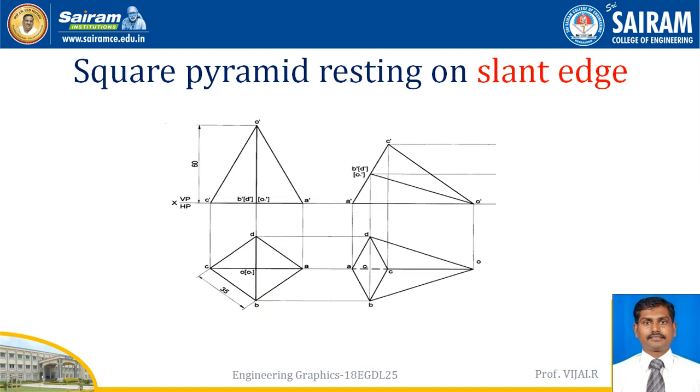Keep it like a corner, then you tilt it totally so that this slant edge lies down. That is what we are going to do. Normally, first we draw the top view with the corner position and the front view like this.